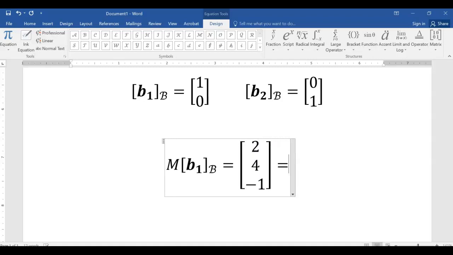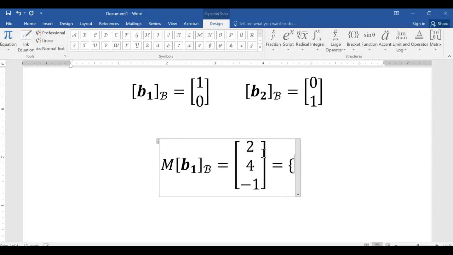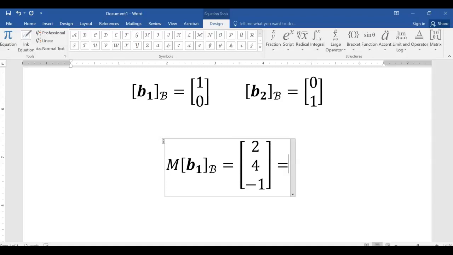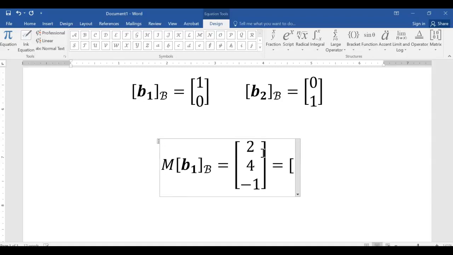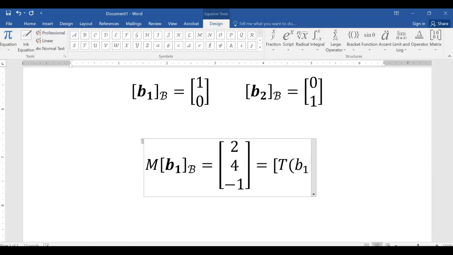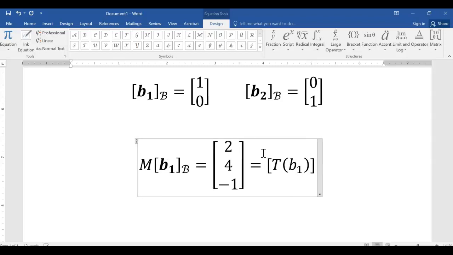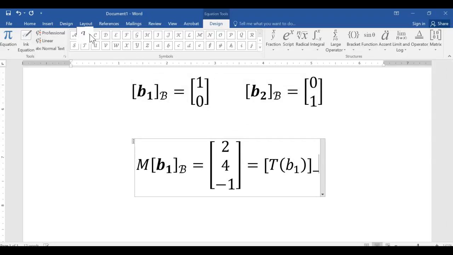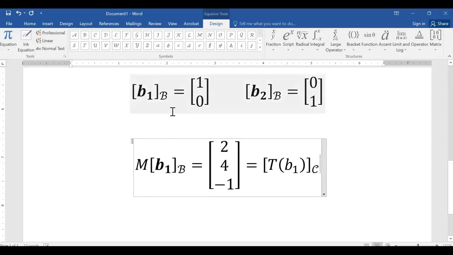Because that is the image of B1 relative to basis C. Okay?